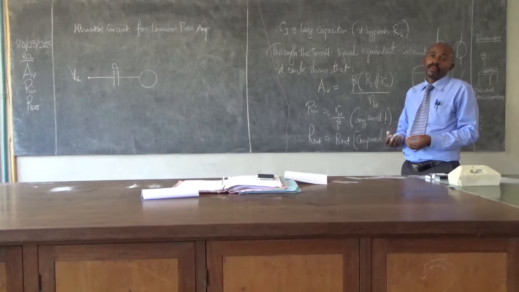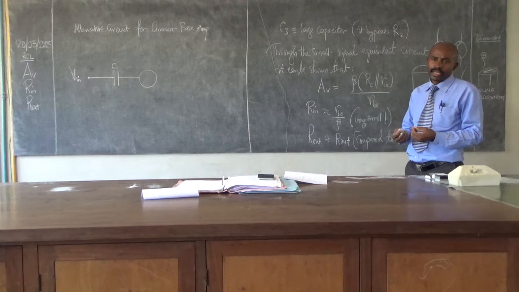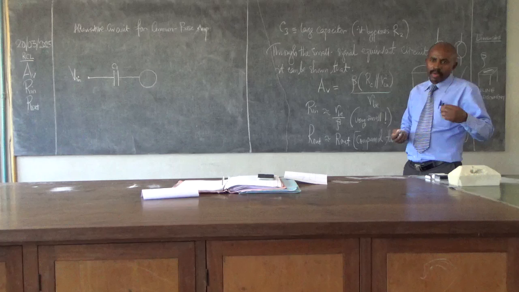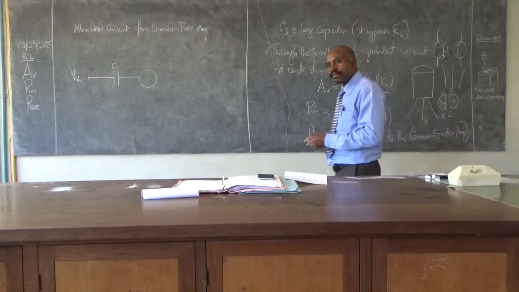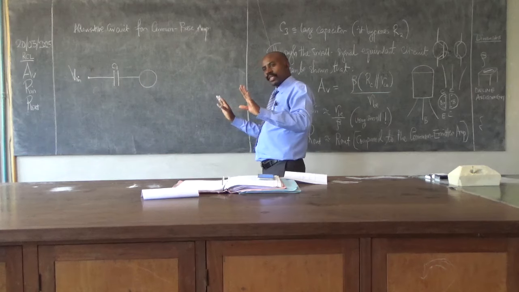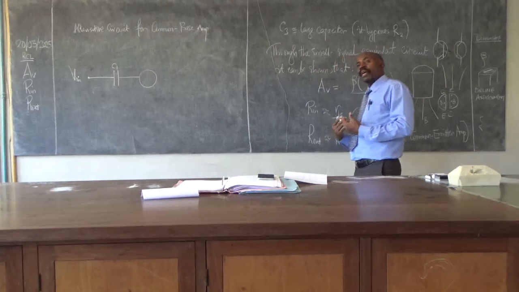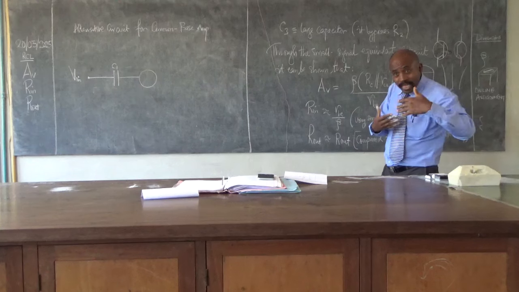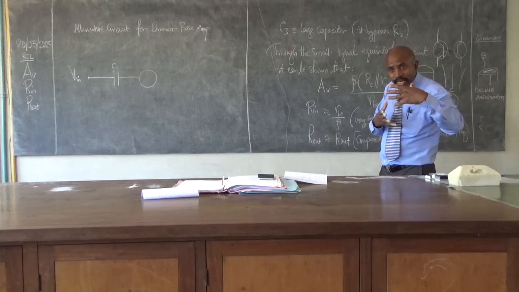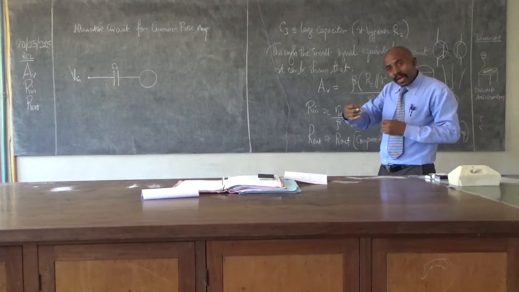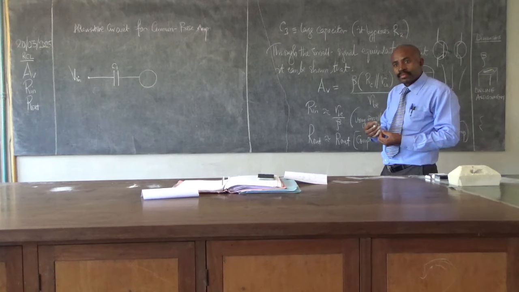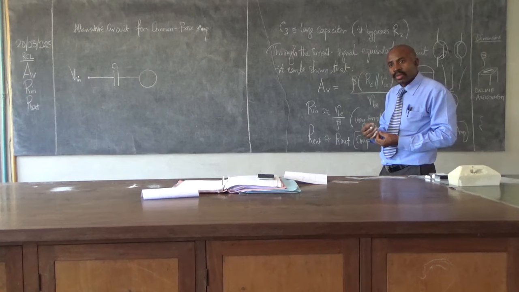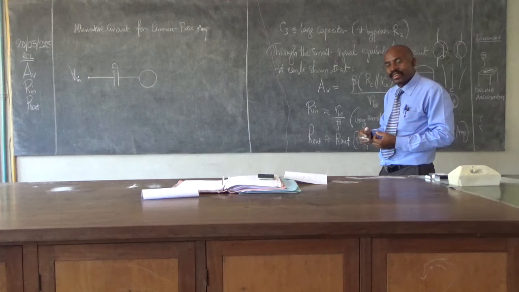So we cannot do what you are doing in E3, adjusting your IB, setting your IB to a certain value, then looking for IC and VCE to get your characteristics. Now we have to make the transistor act as an amplifier by adjusting an input at the emitter. But maybe I didn't understand the basics.